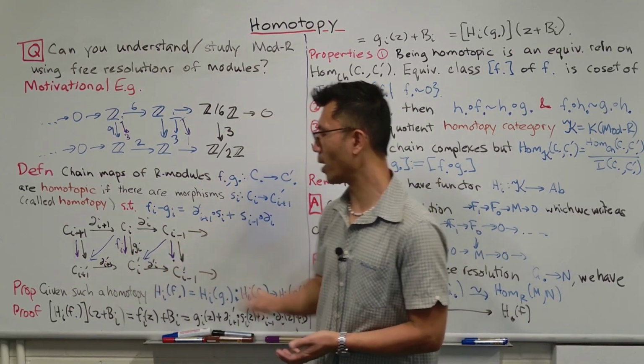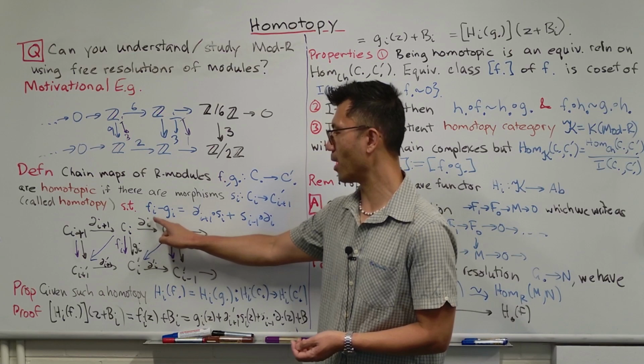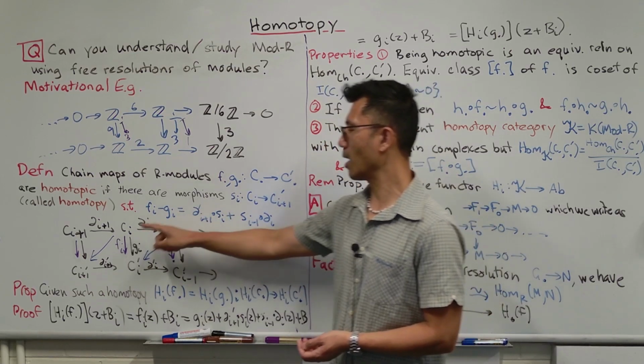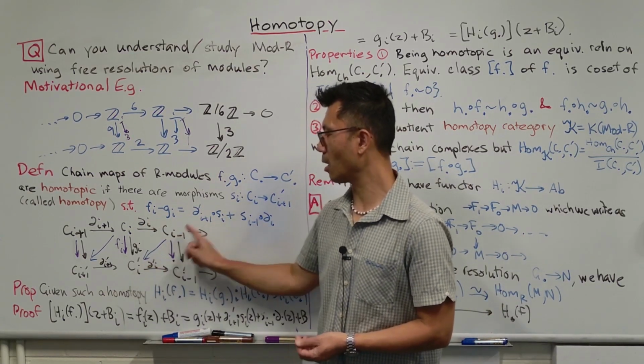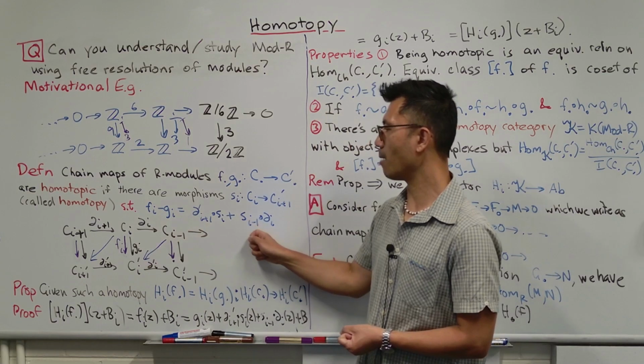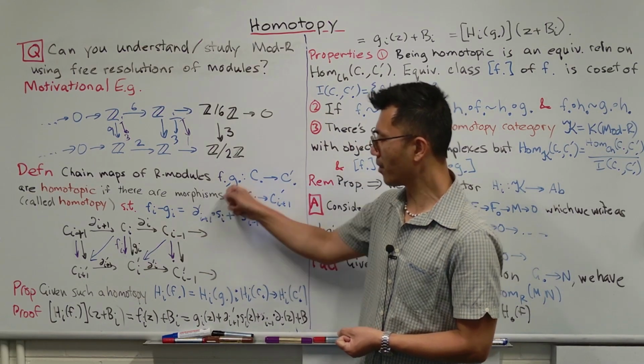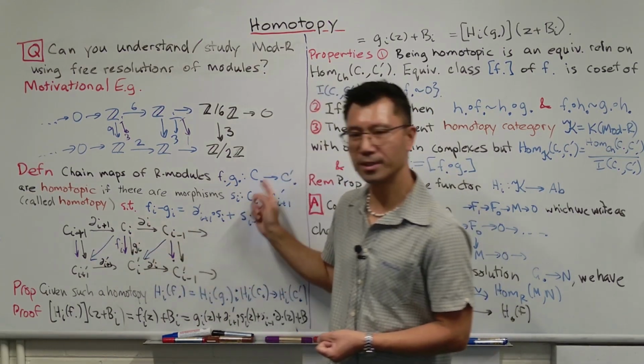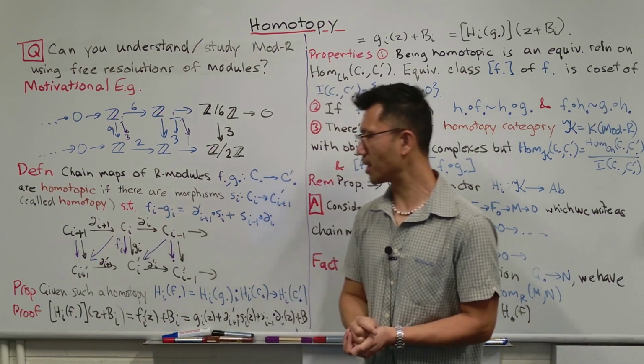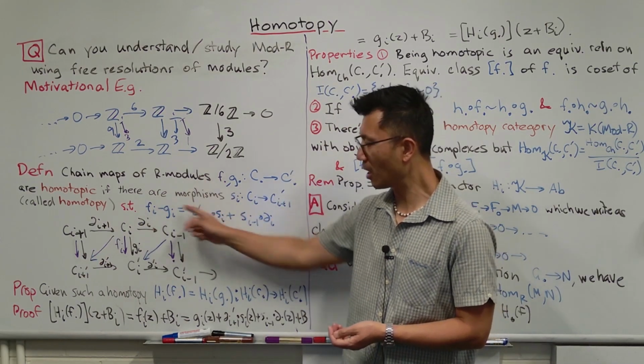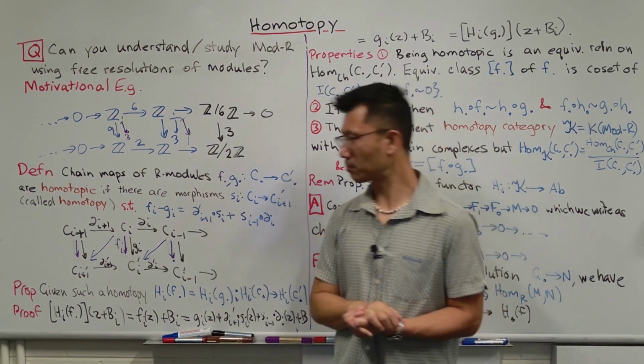And going around this way, you apply this boundary i first, and then you apply this map here, which is s_{i-1}. Now these blue diagonal maps are called a homotopy if this occurs.